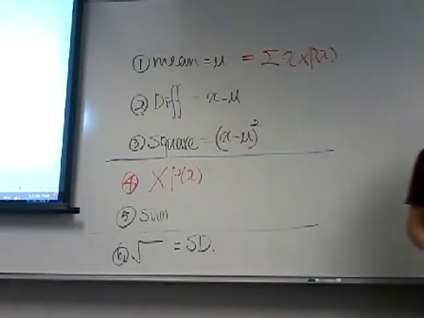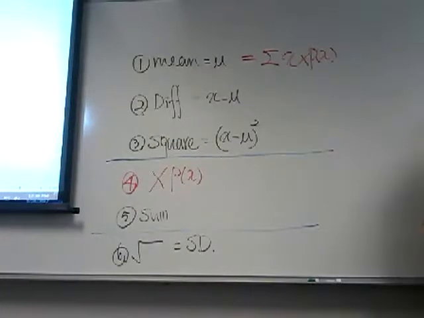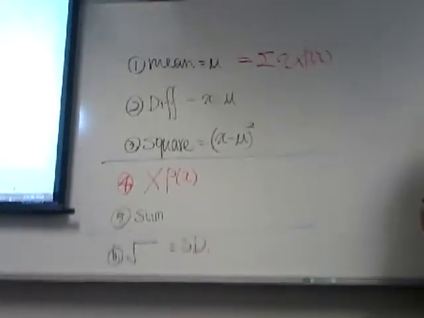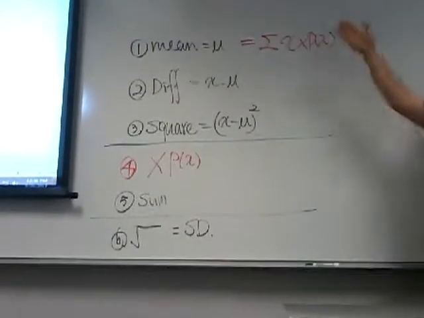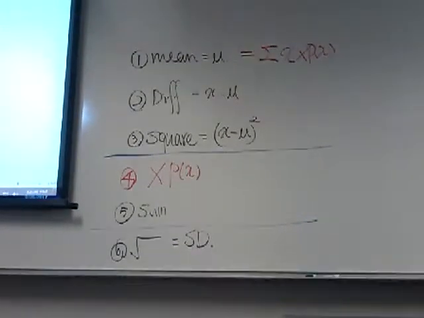Again, step 6 will be same as what we did in chapter 3. Take the square root to get the standard deviation. Right? It's almost the same 6 steps. Let's do it.